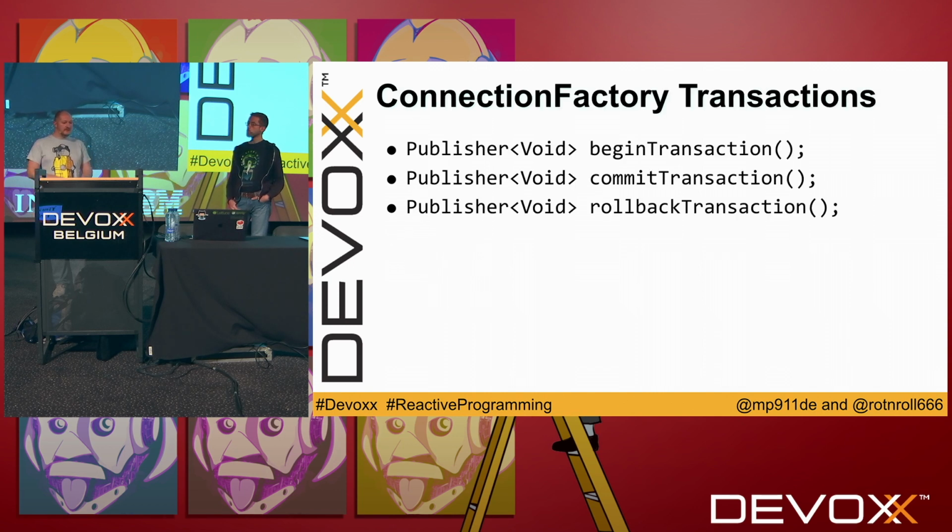So if we take a look at the transaction-specific part of R2DBC, then we will see that the connection interface has three methods which are relevant for us. We have begin transaction, commit, and rollback transaction. Compare that to JDBC, where we have only that set auto commit false mode and no explicit begin.